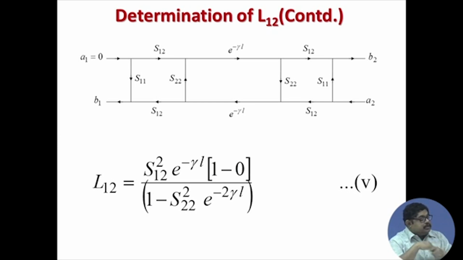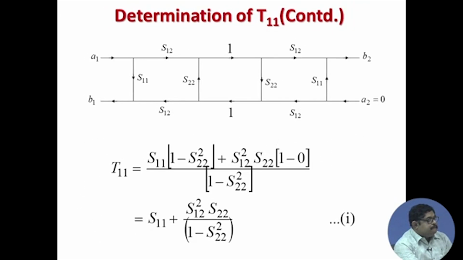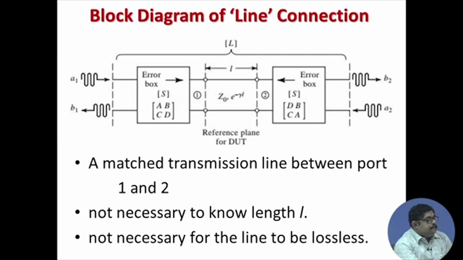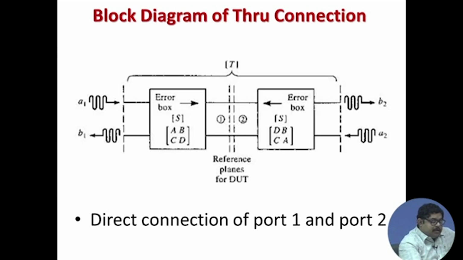So, we have got 5 equations in terms of the error boxes S12, S11, S22, etc. Now, you see in all these cases, the network analyzer is measuring this L matrix for line connection, R matrix for reflect connection, and T matrix for thru connection.